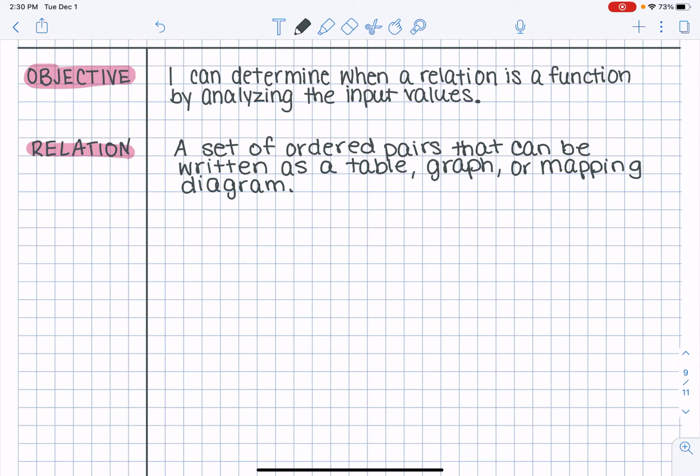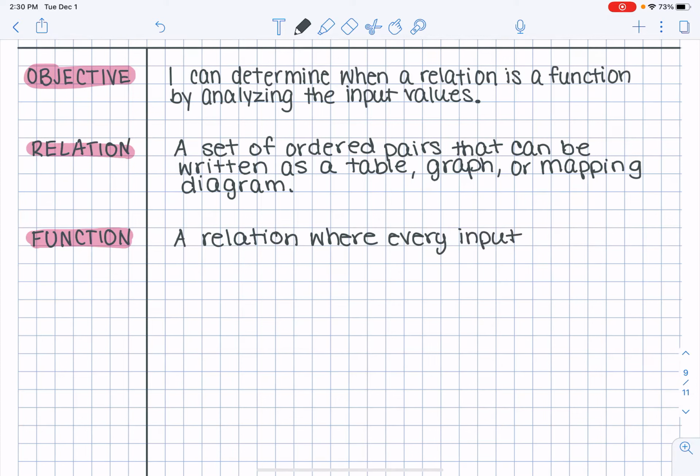Now, when does a relation become a function? Let's write down the definition of a function, which we also already know. We said that a function is a special type of relation. So it's a relation where every input has only one output.